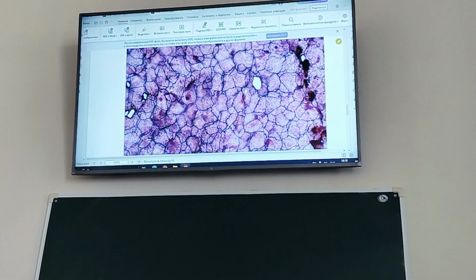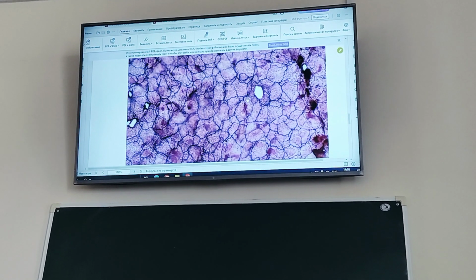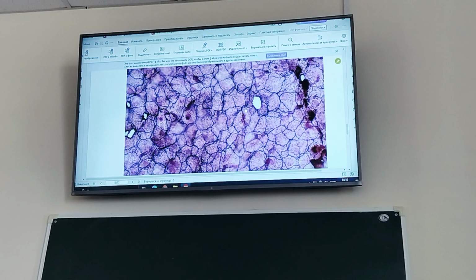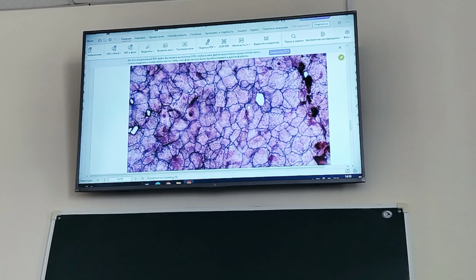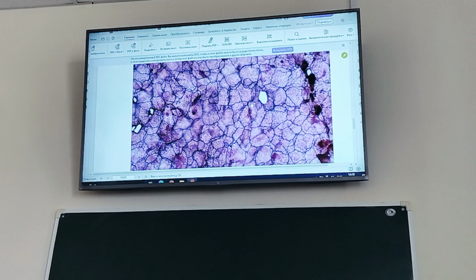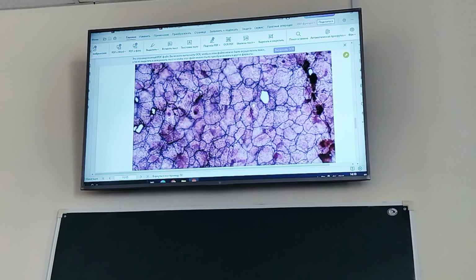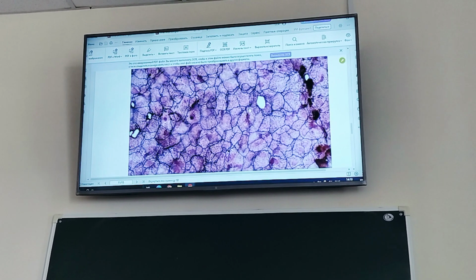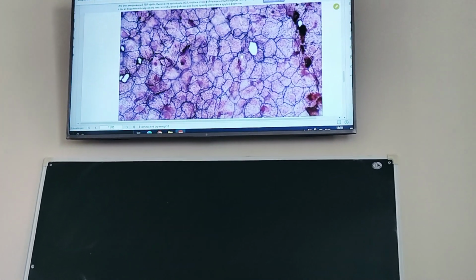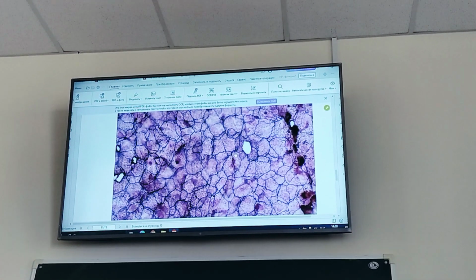This is mesothelium, full classification: simple squamous epithelium. But this is a superficial view, where we look at the cells from above. Superficially, they are polygonal, a typical shape for simple squamous epithelium.